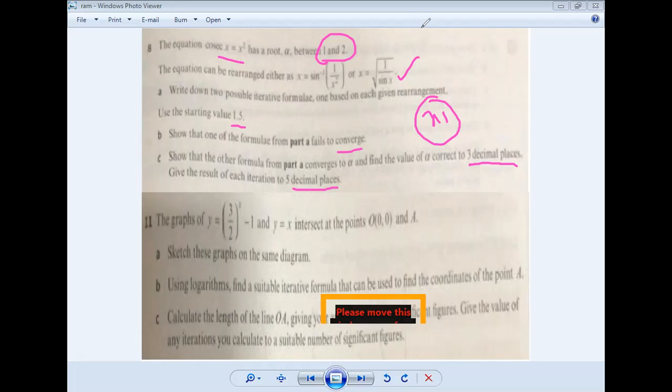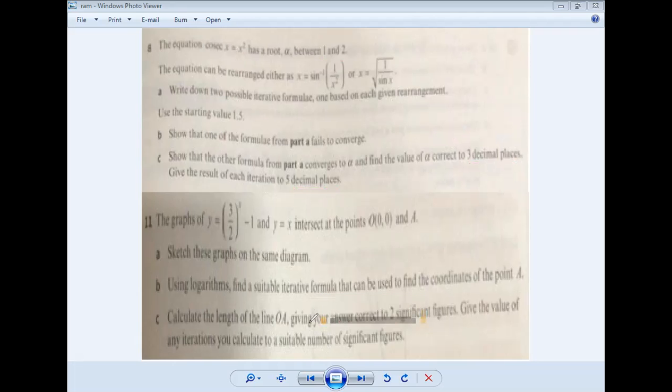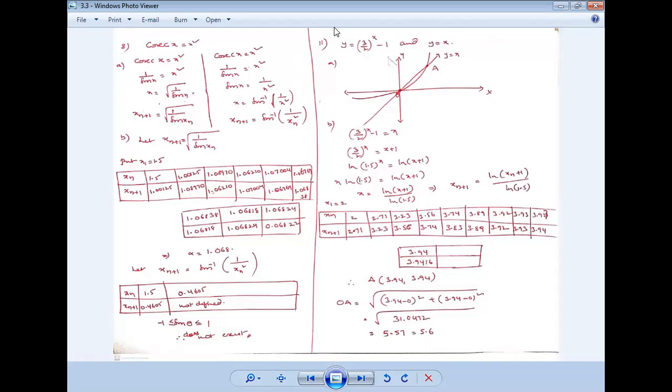Now see the solution. He has given that cos x equals x square, and they are asking us to rearrange into two iterative formulae.